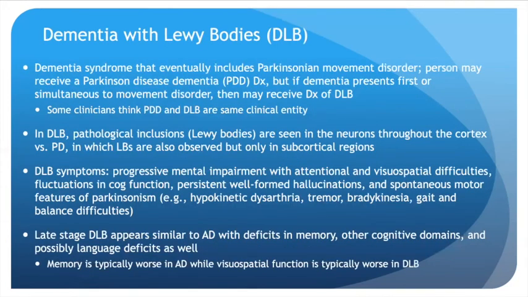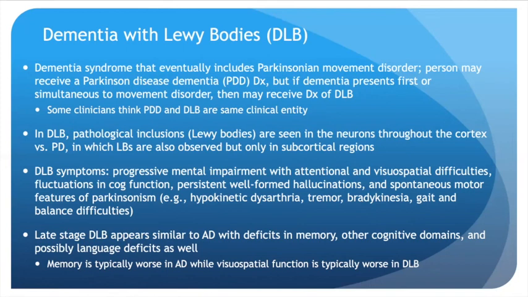Dementia with Lewy bodies. This is a dementia syndrome that eventually includes a Parkinsonian movement disorder component. So the person might actually receive a diagnosis of Parkinson's disease dementia. But if dementia presents first or simultaneous to the movement disorder, then the patient might receive a diagnosis of Lewy body dementia.